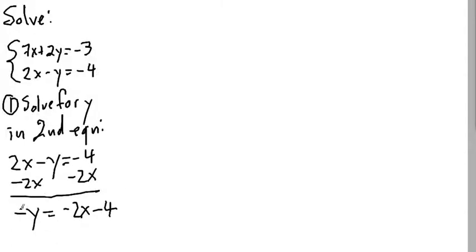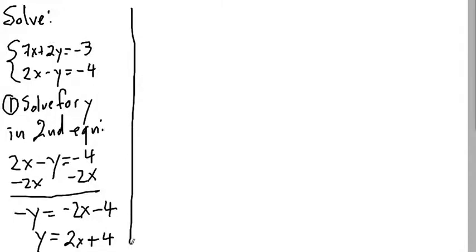Now I want y to be all alone. I can get rid of the negative sign on y if I change all of the signs on the other side too. Since both of these are negative, I'll just change them to positive: y is equal to 2x plus 4. Great, I've solved for y, and I can plug this into my first equation.